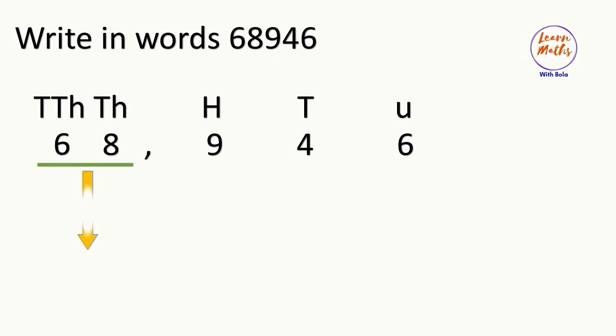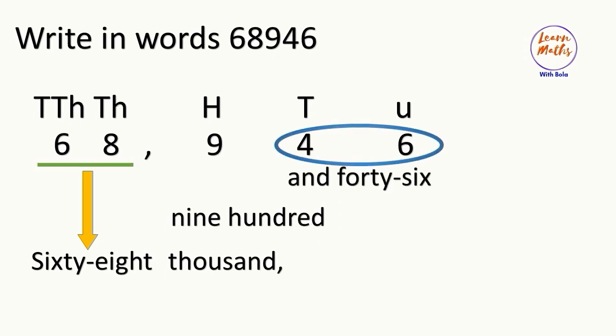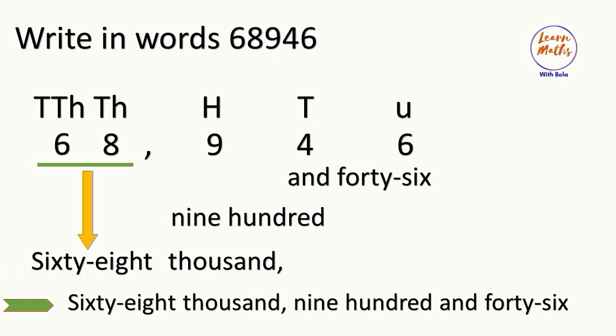So you have 68, not 6 10,000 or 8 10,000. Then the common thing to both of these is what? 1,000. So you have 68,000 followed by 900. Then the last two, 46. So we write them out together. 68,946. As simple as that.